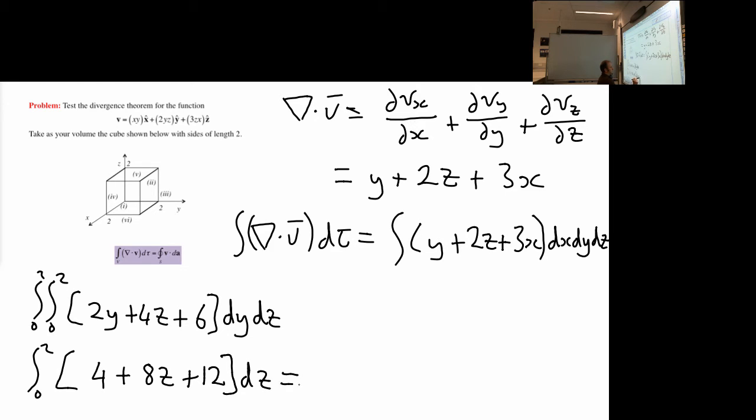And then integrating with respect to z, we will get 8z squared over 2, so we'll be left with 4z squared plus 16z between 0 and 2, which would be equal to 16 plus 32, which would equal 48.